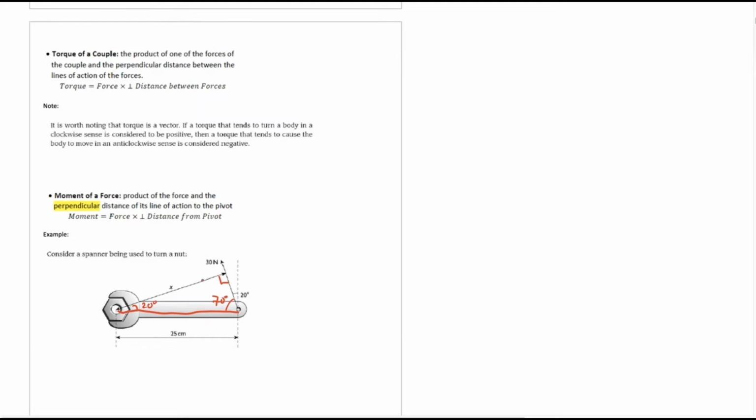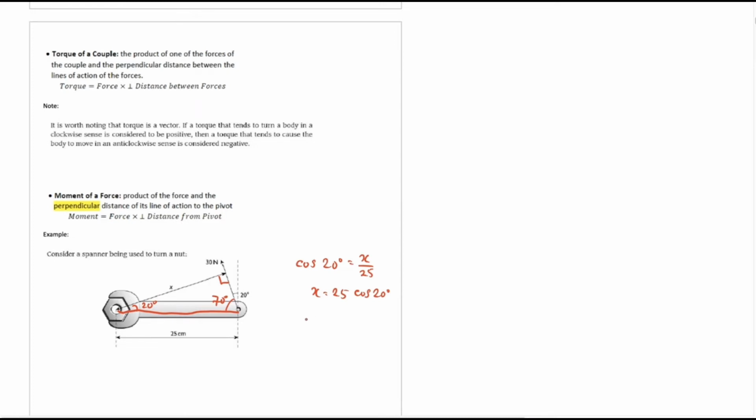So you want to find the x, right? Basically we can just make use of the 25 together with the x. I take 20 degree as my angle, so this is considered adjacent. This is hypotenuse. So I can use cos 20 degree equal to adjacent over hypotenuse. So I can find the x, 25 cos 20 degree.